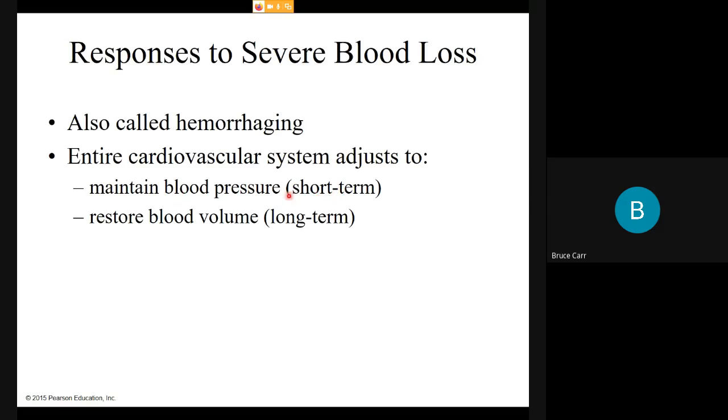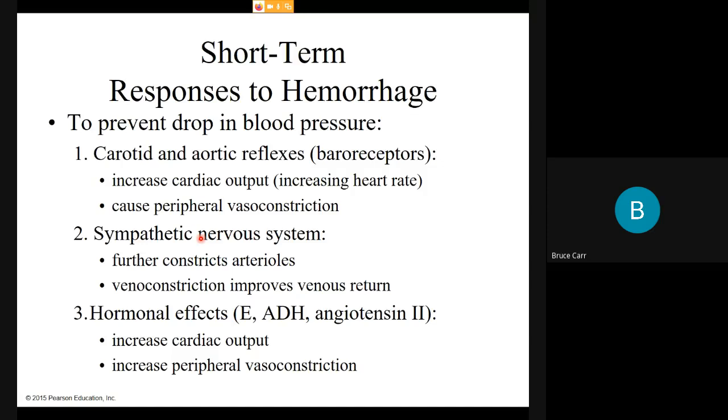But then there are blood pressure adjustments, cardiac output adjustments, that are joined by longer term mechanisms, and to restore the blood volume long term, it may take up to a week to 10 days to get back to a normal balance at rest.